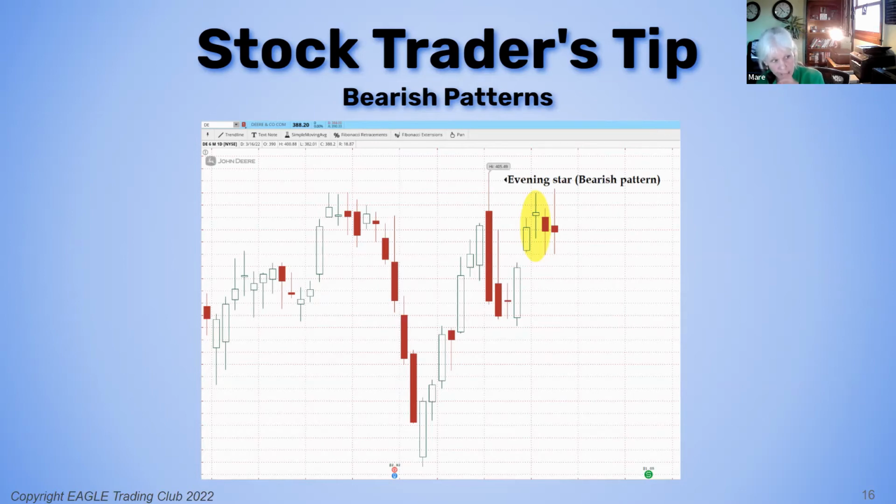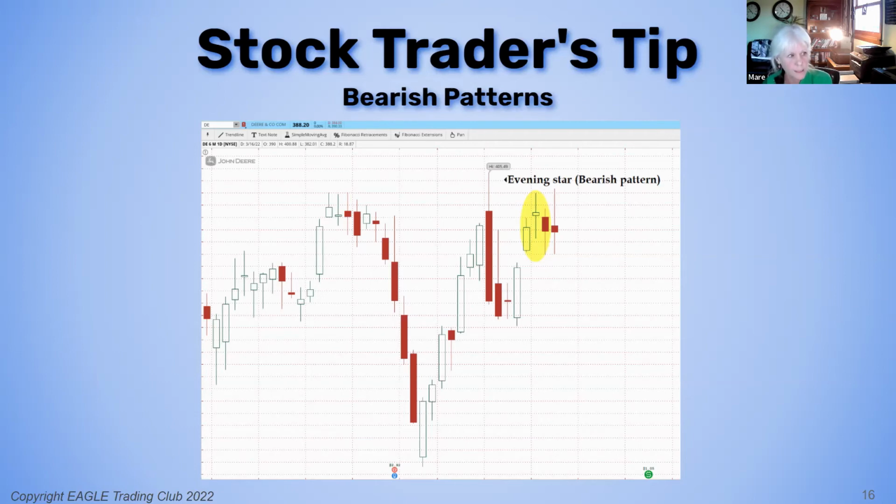And like I said before, you really want to use the channel when you're looking for these patterns, whether you draw your own channel or use the script. Combining these two indicators is the best way to give you an idea of where your stock is most likely to go.